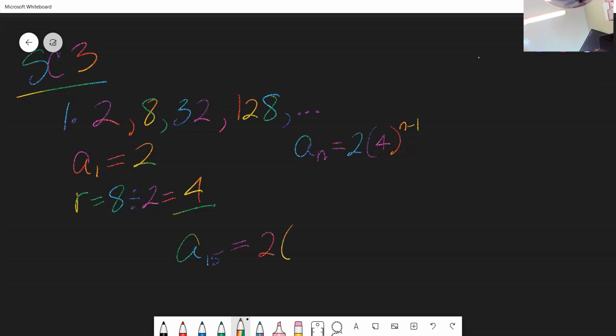2 raised to the power of, right, so it's 2 times 4 to the power of 14.